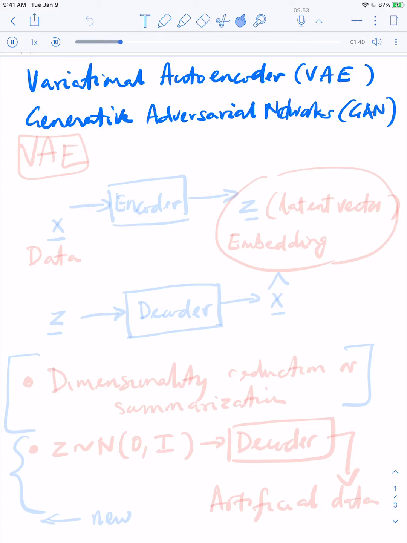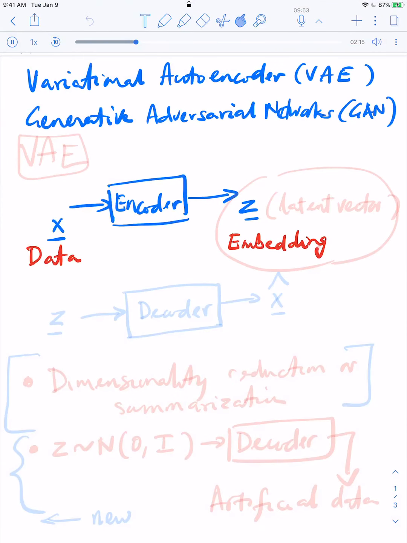So the variational autoencoder, well, autoencoders more generally are the following setting. Basically, you have an encoder that takes the data and maps it, embedding it.